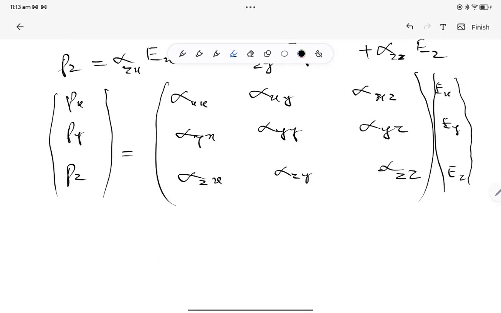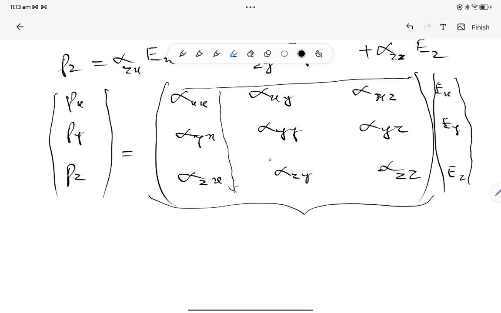Now, what is this? It is an array. Array of what? Array of numbers, but with 2 dimensions. This is row, and this is column. You need 2 indices to show this. Suppose, for example, you will write ij or ji, whichever way you like, alpha ij.